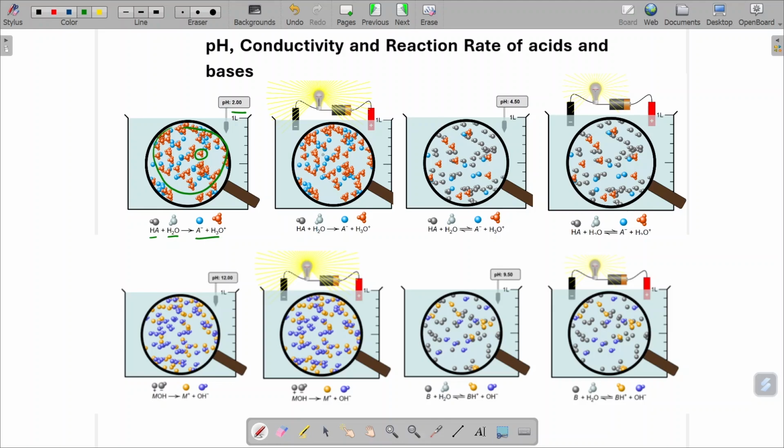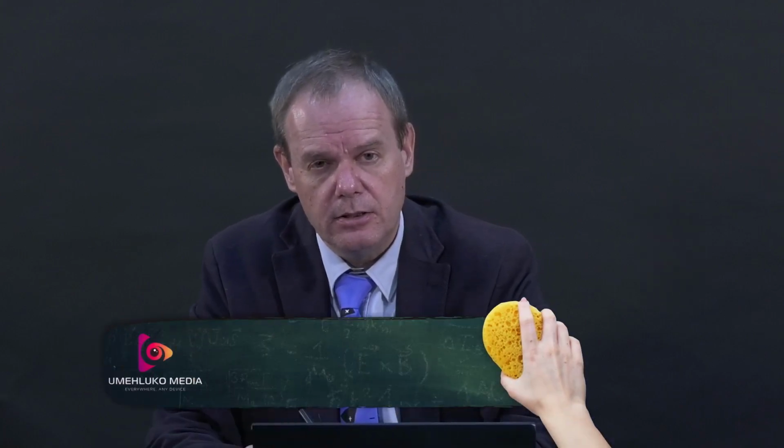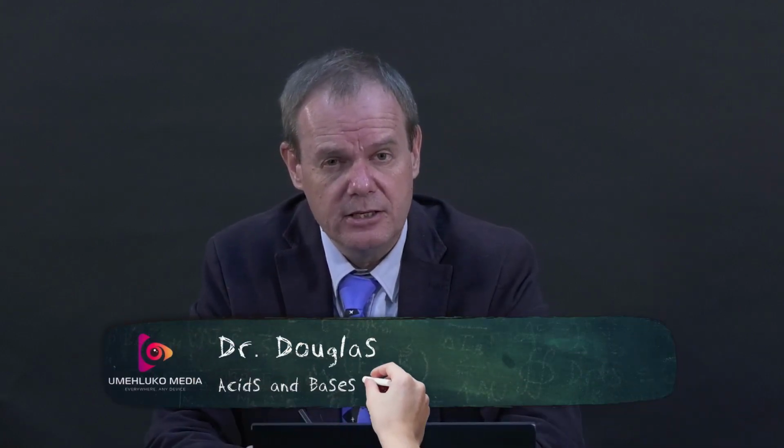When it comes to the conductivity, because there's such a high concentration of these ions, they are able to carry charge in the solution, and a large amount of ions means a large amount of charge, and therefore a high conductivity. In terms of the reaction rate, we are going to look at the particle nature of matter, and remember from a previous lesson, we said that the reaction rate depends on the number of effective collisions.